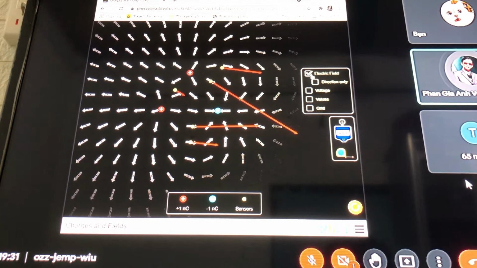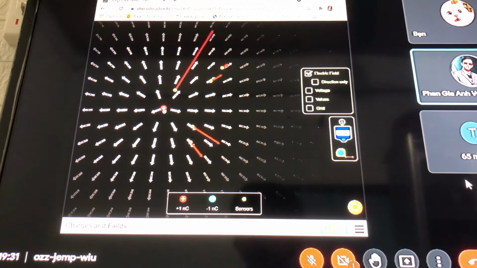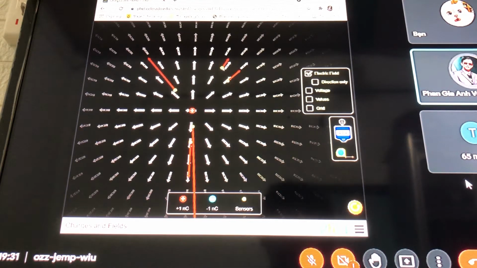Now, when we talk about the field, we have the electric field. From the electric field, we can calculate the force, which is Q multiplied with E. So now what happens when I have only one charge here, and I have an electric field at this point?